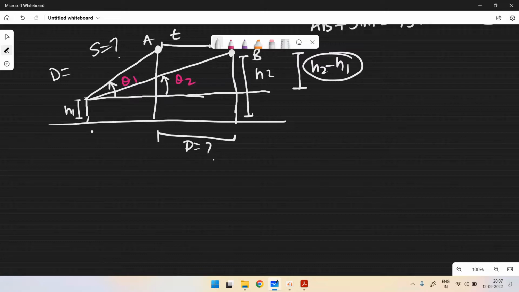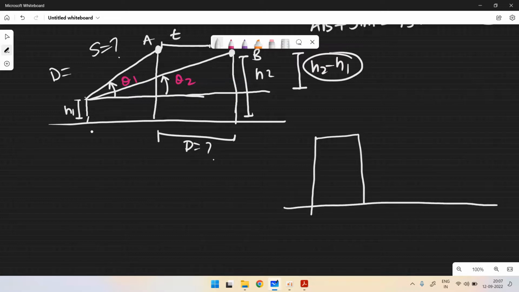The same can be given to you from the top of a building. So from the top of the building, it can be given like this. Suppose this is the top of the building, and suppose there is a turtle here, or a rabbit here, of negligible length.